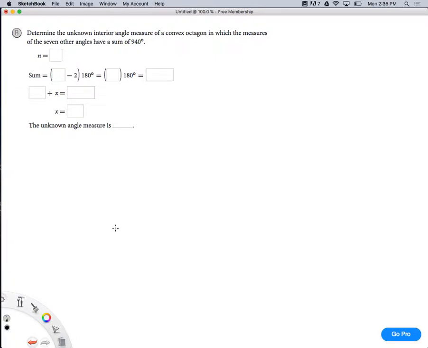Okay, so let's break this down. Determine the unknown interior angle measure of a convex octagon in which the measures of the 7 other angles have a sum of 940. So first we start with the fact that it's an octagon, so n is equal to 8. We find the sum of the measures of the interior angles, so it's 8 minus 2 times 180, or 6 times 180, which is 1080.